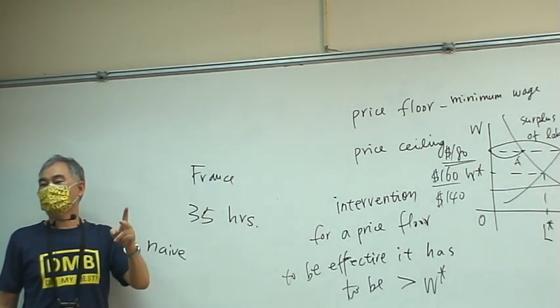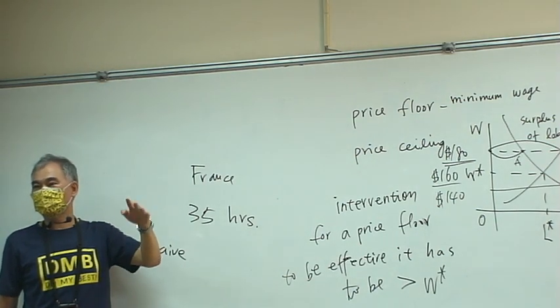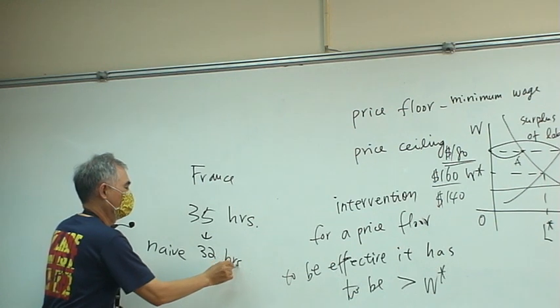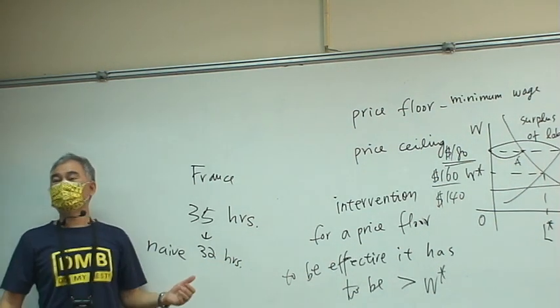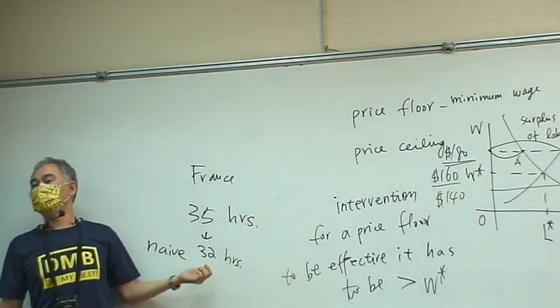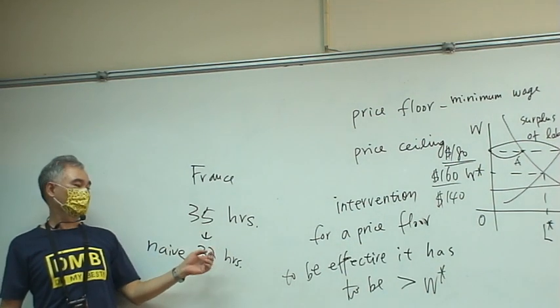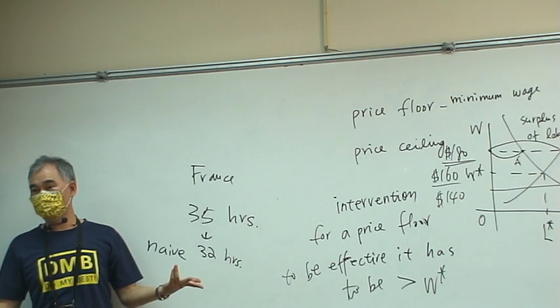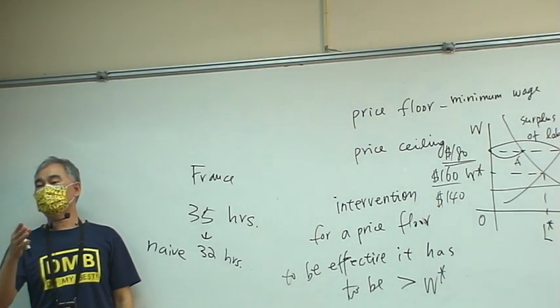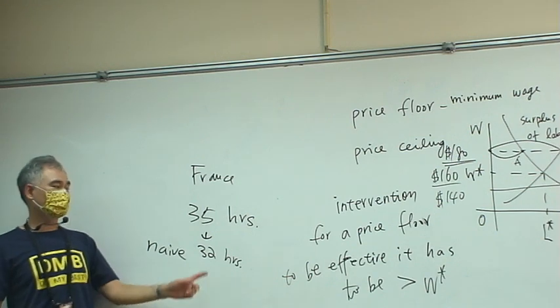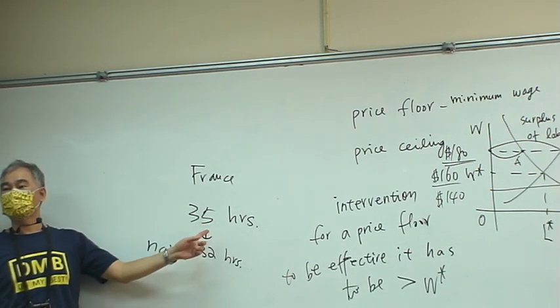If I cut the minimum hours to work from 35 to 32, okay, what happened? There will be fewer people working, right? Because you used to work for 35 hours, and now you work only for 32 hours. What happened? There will be a reduction of 10% of labor supply, right? Because 3 hours is missing.